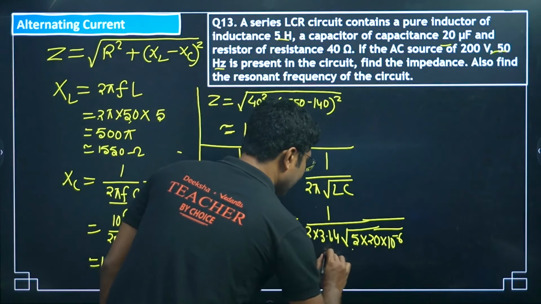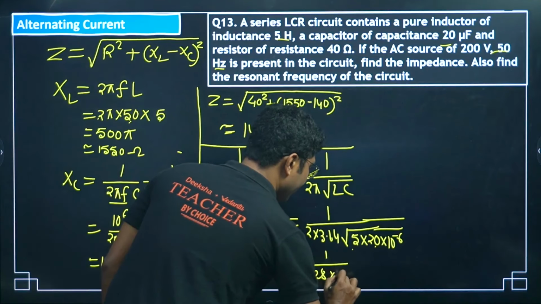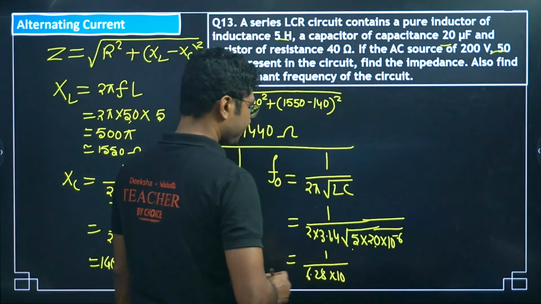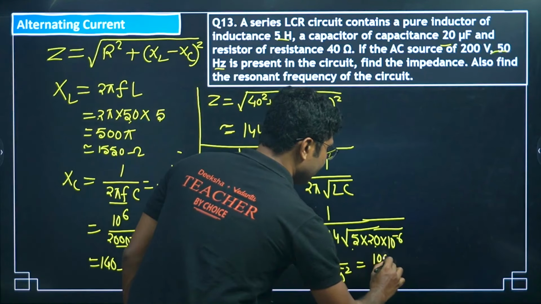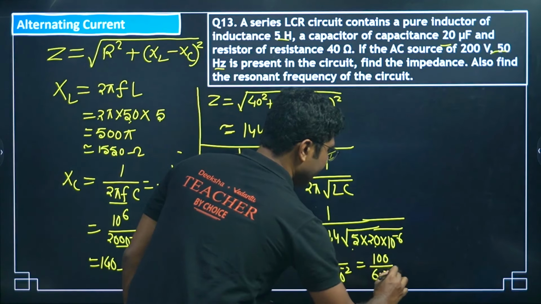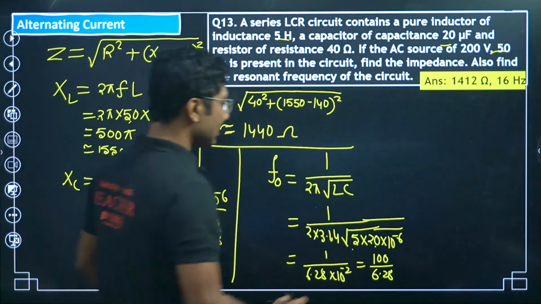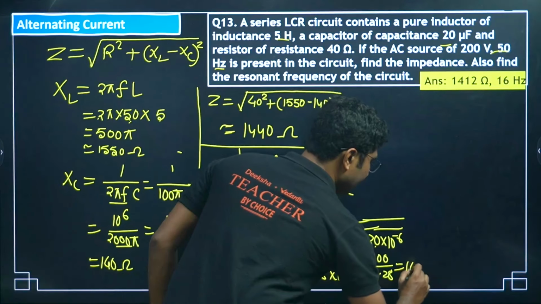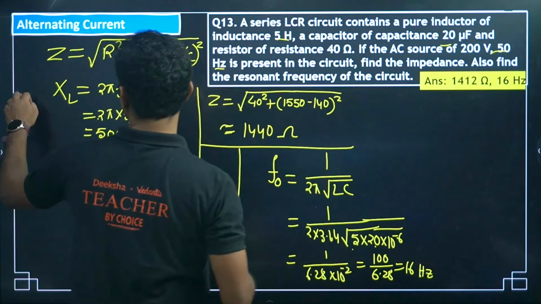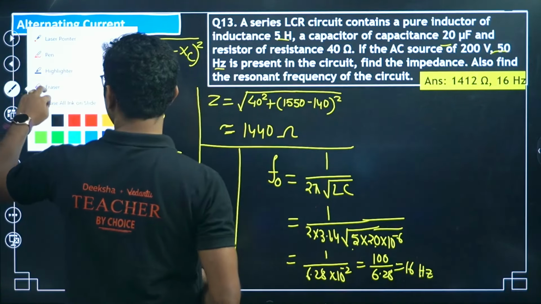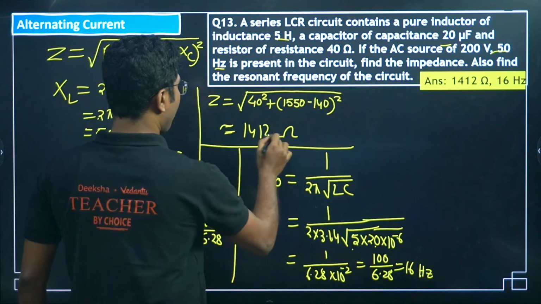So, it will be 1 divided by 6.28 into 10 to the power of minus 2, that is 100 divided by 6.28, and you will get the value as 16 hertz. So, this will be 16 hertz and this will be 1412. If you calculate it using a proper calculator, you will get this value as 1412 ohm.